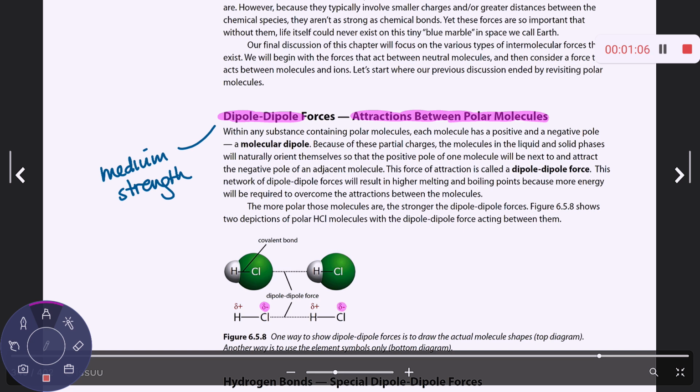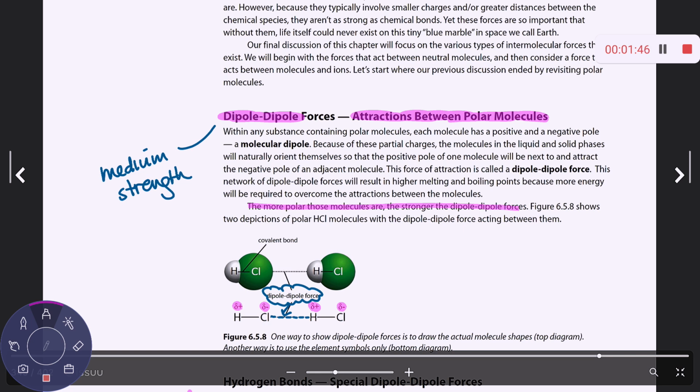And so when you've got neighboring HCl's next to each other, since the hydrogen is electron deficient and has the partial positive on it, the opposites will attract each other, and these dashed lines that you see in between the HCl's, that is your dipole-dipole force, okay? The more polar the molecule, meaning the stronger the dipole moment, the stronger the dipole-dipole forces will be, okay?